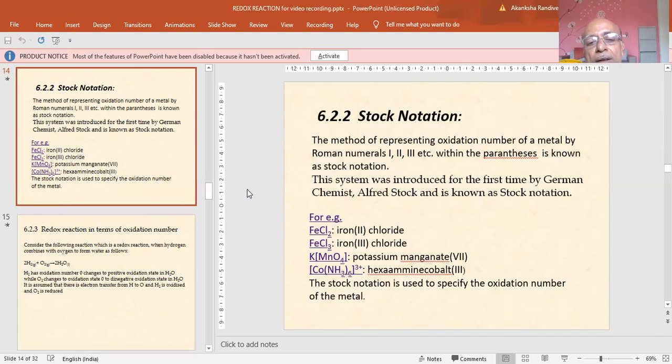So chlorine has oxidation number -1. In FeCl2, the oxidation number of Cl is -1.